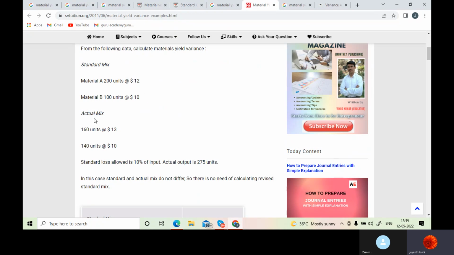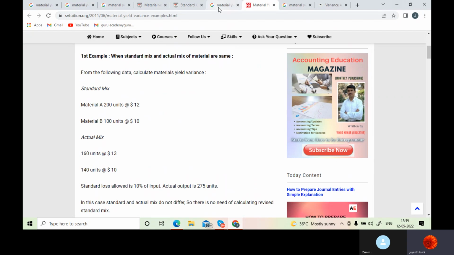And then the actual mix: you estimated that you want 200 units, but in actuality you're using only 160, here 100, here 140, and the prices are also differing. And there's a loss of 10% of input. So actual output happens to be 275 units. Okay. So this is actually a yield variance question. We will first solve the mix variance question.